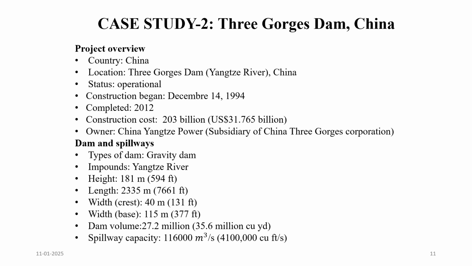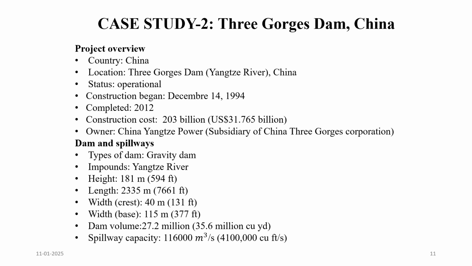Type of dam: gravity dam, impounds Yangtze River, height 181 meters, 594 feet, length 2335 meters, 7661 feet, width crest 40 meters and 131 feet, and width base 115 meter, 377 feet.